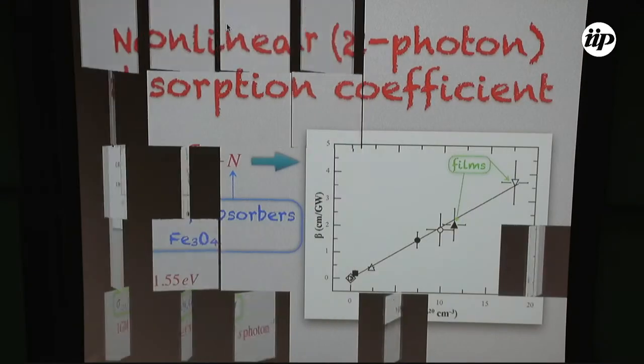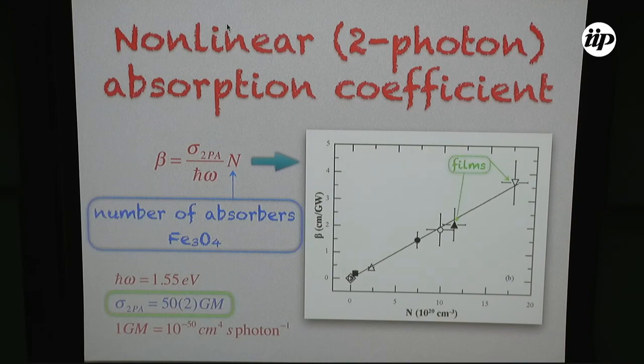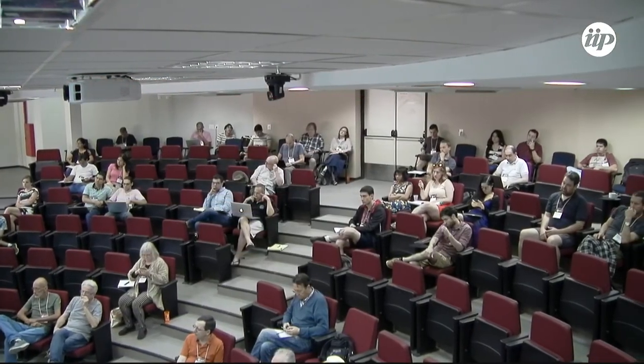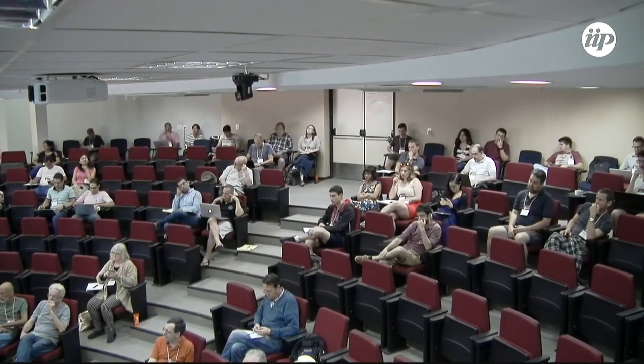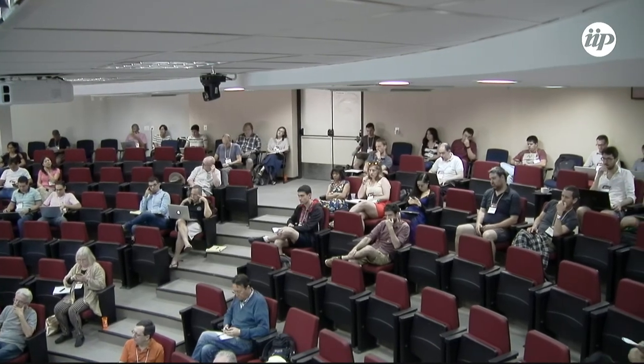With this N2 and beta, we are able to plot the absorption as a function of the number of absorbers. You remember that beta is proportional to the number of absorbers. You have a very nice straight line passing through 0, 0. These are the colloids, and these are the thin films.